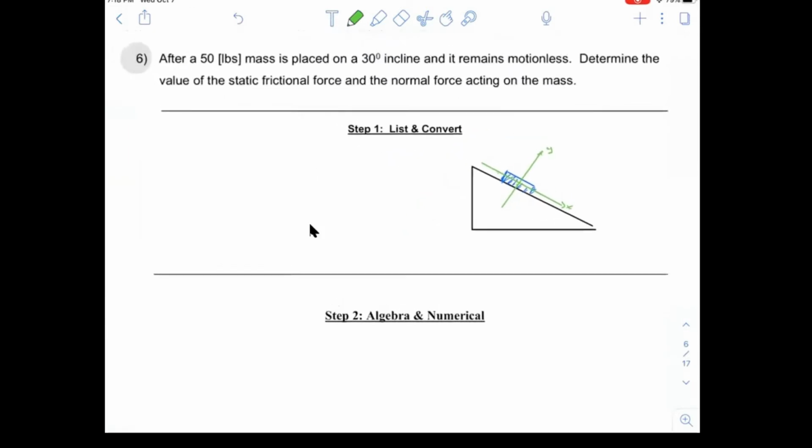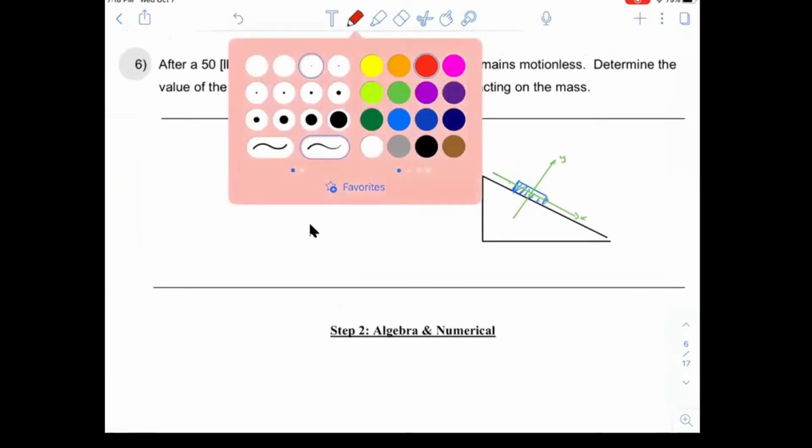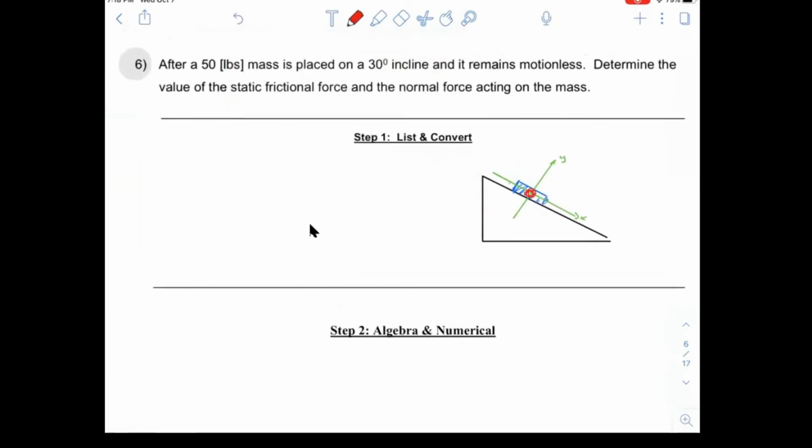Okay, the next thing I'm going to do is place my forces. Center of mass is going to be located right here. It's got weight in the downward direction. It's sitting here on top of this surface, which means that it's going to experience a normal force going up in this direction.